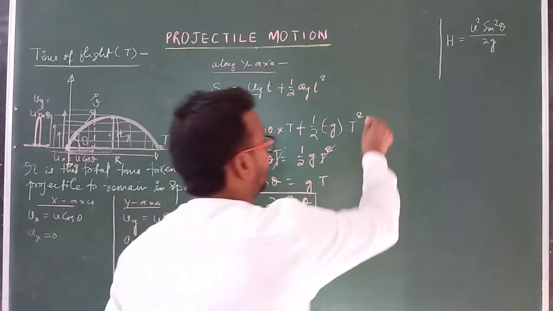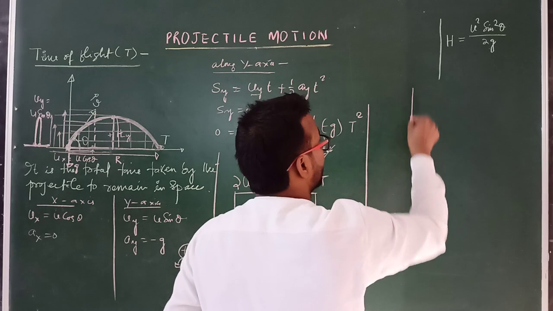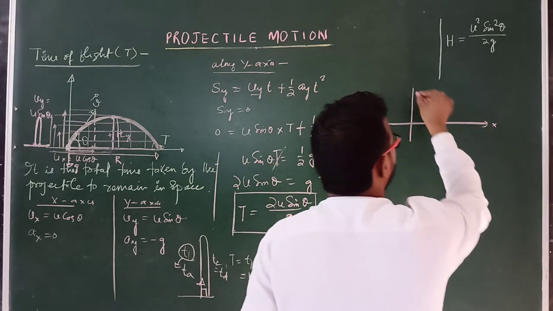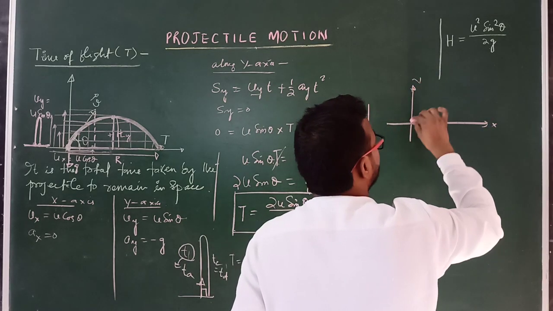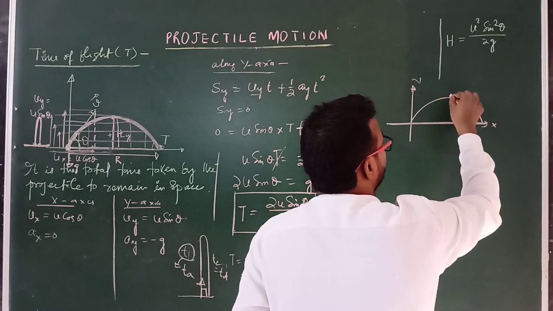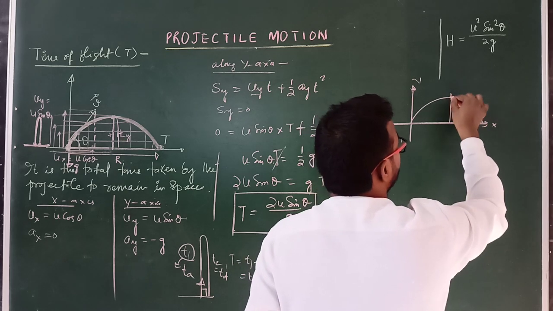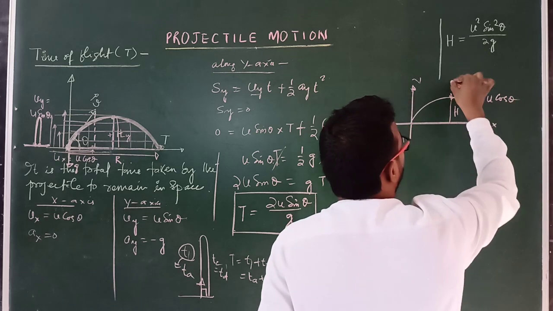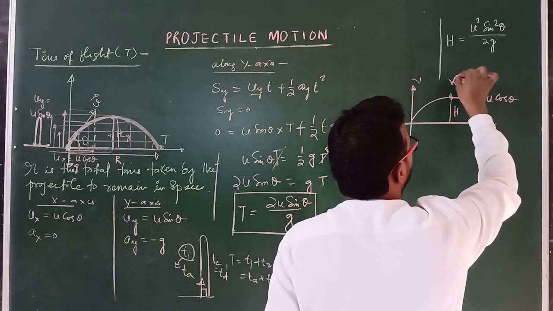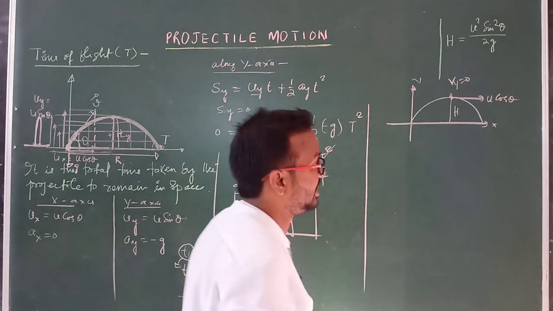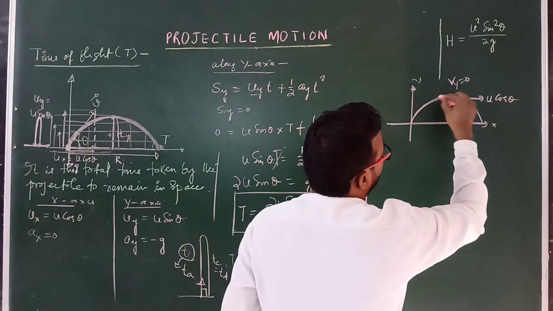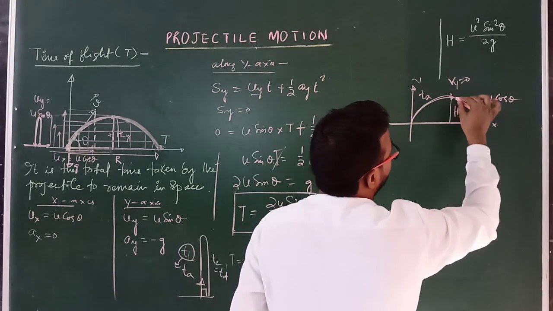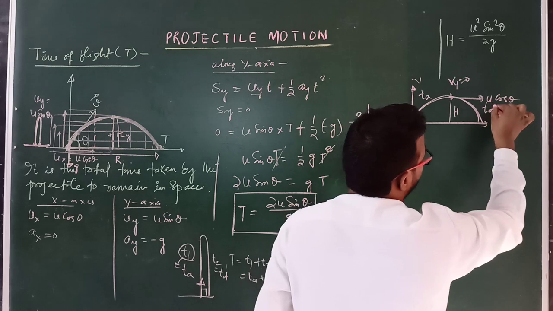So similarly we can write here for this projectile motion along the x axis, this is the y axis, throughout the motion this is maximum height h max, where this velocity is u cos theta, but along the vertical direction we already discussed vy equals 0 at maximum height. Clear? And suppose this time is known as time of ascent and this time is known as time of descent.